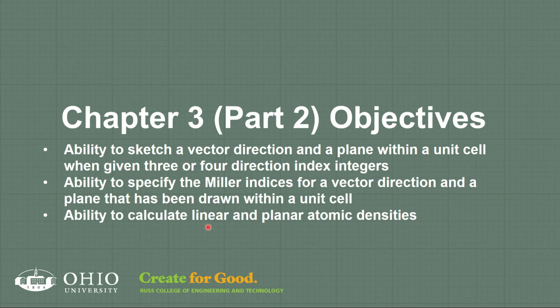And in this case, we'll be looking at linear atomic densities, which are based on distance packing factors, and planar atomic densities, which are based on areal packing factors. So you can look at the fact that we're looking at a line, a plane, or a volume, and there's a way to relate the number of atoms in each of those different directions to some kind of packing factor. So those will be our 3 main objectives for the lesson today.